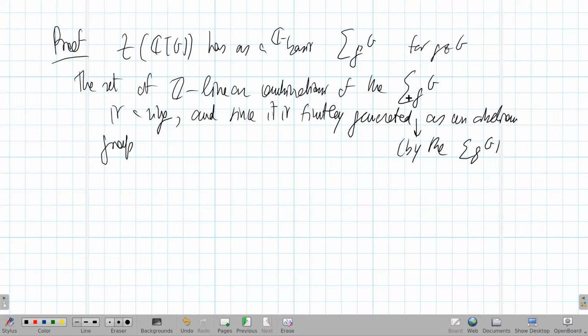And of course, since G is finite, the number of conjugacy classes is also finite.